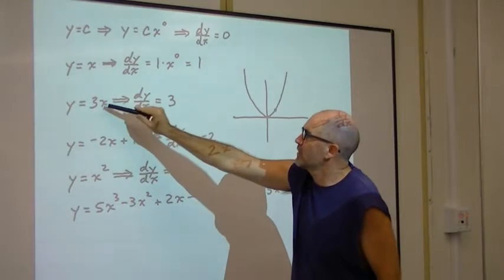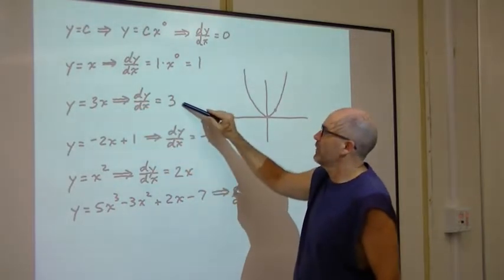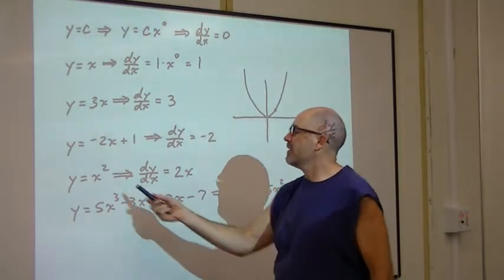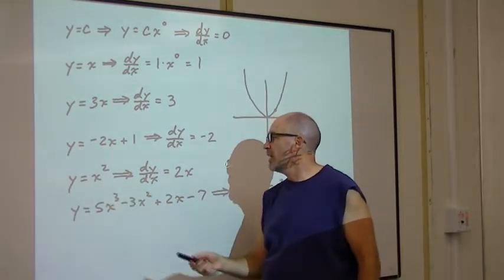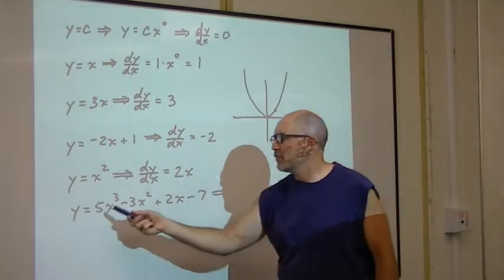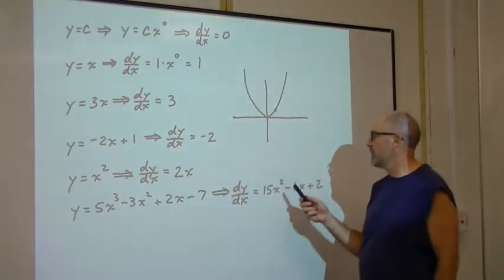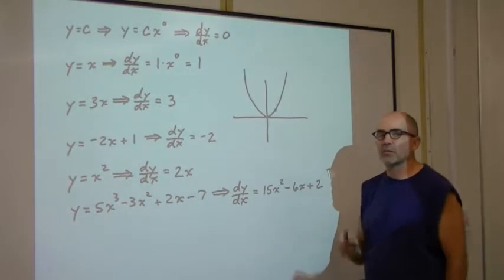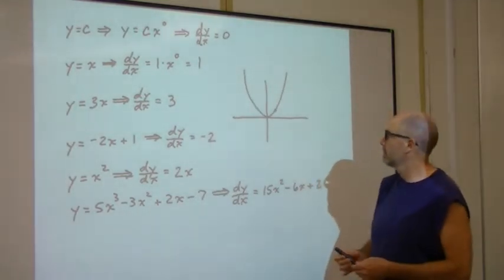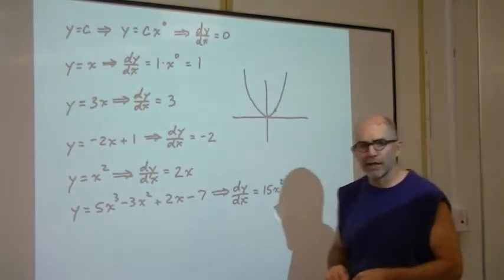Notice 3x is degree 1, derivative is a constant, degree 0. Now, if I have a second degree function, then my derivative is first degree. If I have a third degree function, my derivative is second degree. Always 1 less than the original function. Okay, cruising onward.